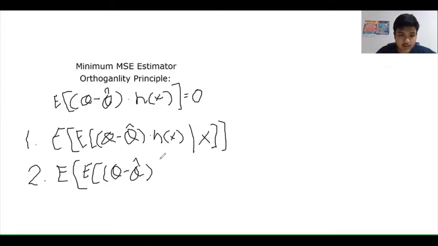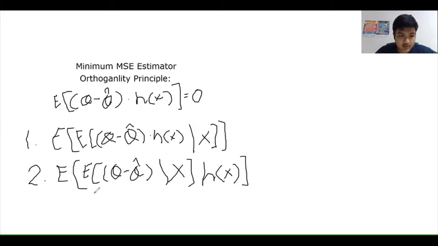Since x is inside it, we take the function out.